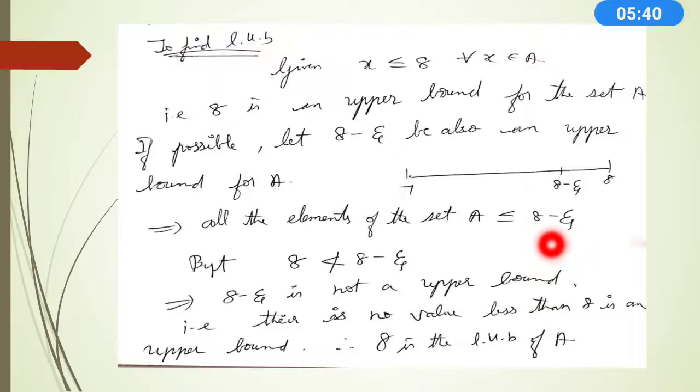But we know the least of all the upper bounds is 8, and now I am getting 8 minus epsilon to be an upper bound, which is not possible. Therefore 8 minus epsilon is not an upper bound, that is, there is no value less than 8 that is an upper bound for the set. So 8 is an upper bound and it is the least among all the upper bounds.